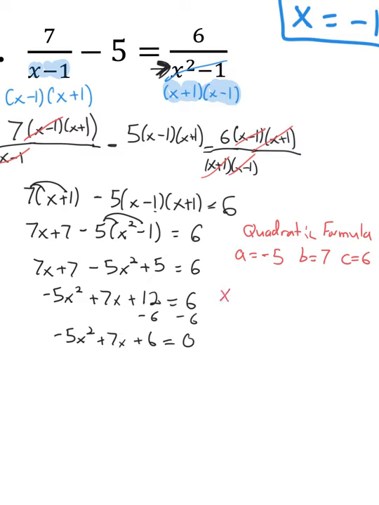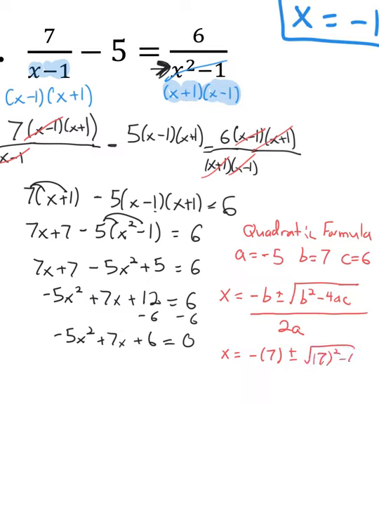And then I'll just do this by hand, but I don't expect you to show me by hand how to use the quadratic formula at this point in our math careers. So it's x equals negative b plus or minus the square root of b squared minus 4ac, all over 2a. B is 7. A was negative 5.